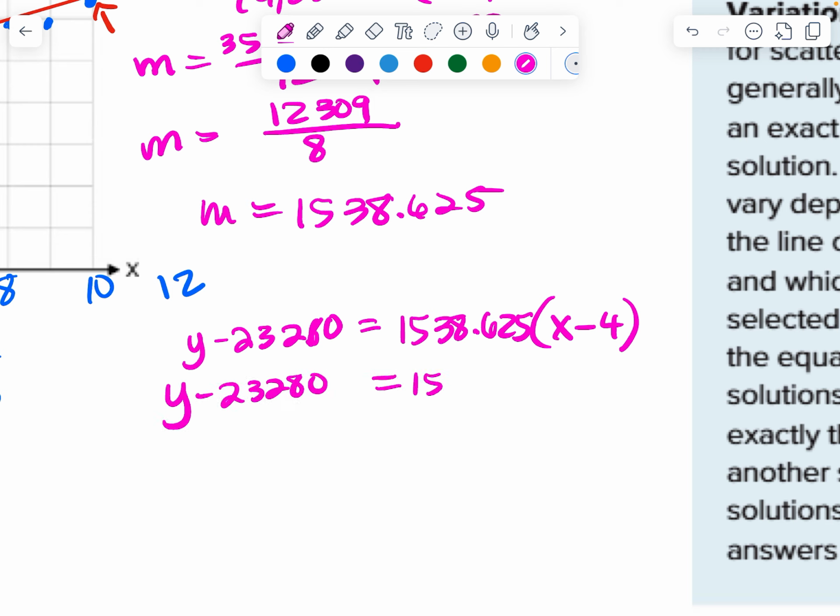and 1538.625x minus, take this and multiply it times 4, and I get 6154.5.